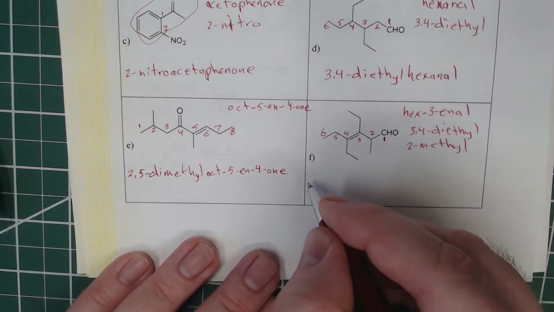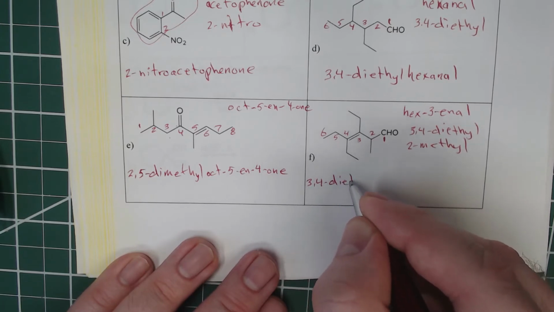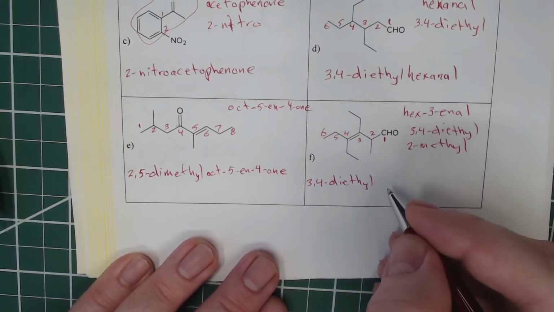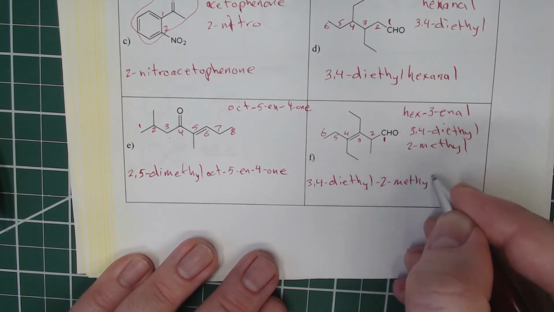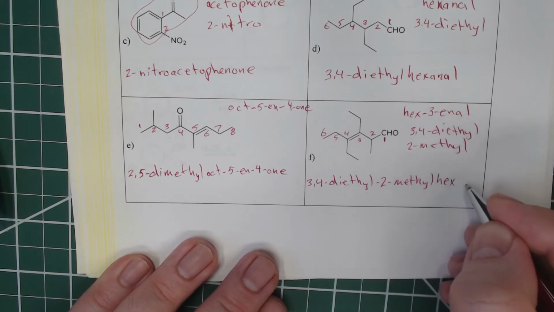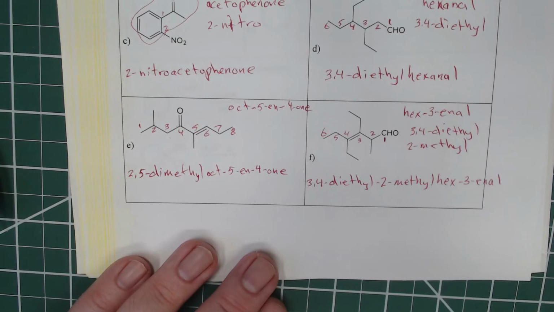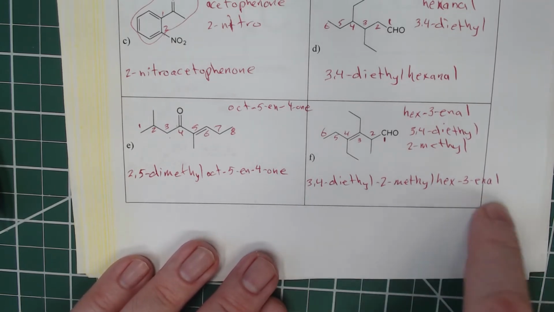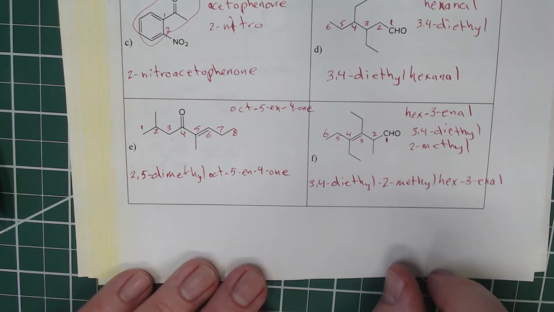So we'll call this 3, 4 diethyl 2-methyl hex 3-enal. All right, and then that gets us the whole name, an unambiguous name.